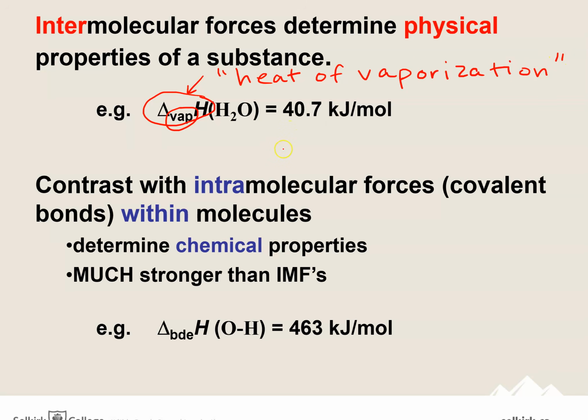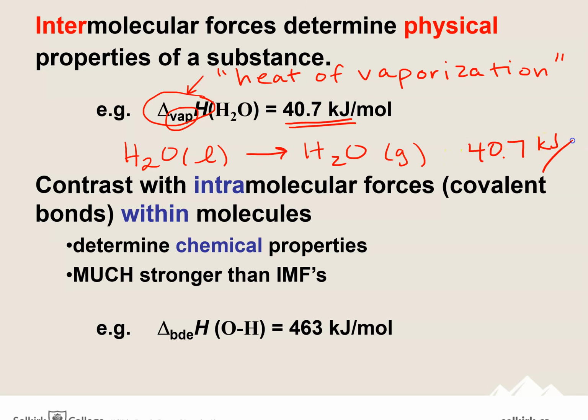So it says to boil water, we're going to have to put in this much energy. To take liquid water and to turn it into gaseous water, we're going to have to put in that much energy. Now, that much energy by itself doesn't mean anything to you. That'll just be a reference to a later amount that I show you.